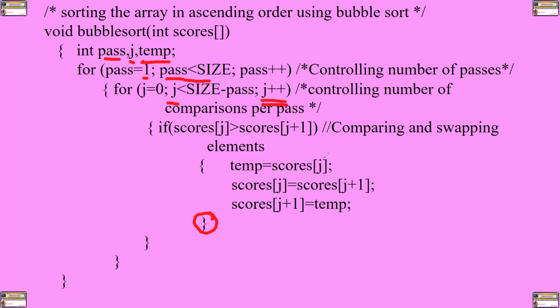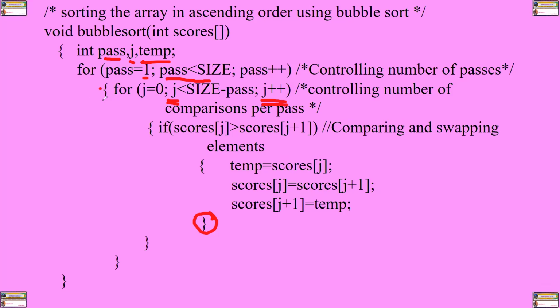So this will continue until what is in memory location called j is not less than 10 minus 1, or the number of array elements minus 1.